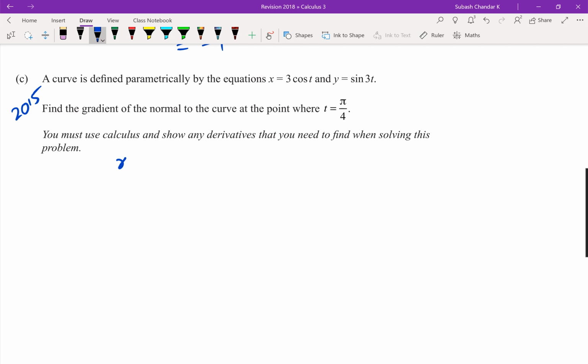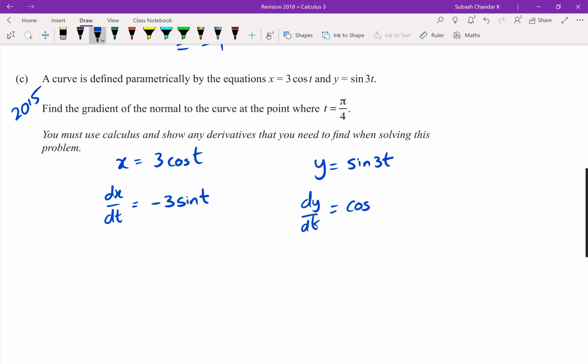Okay, so we've got x is equal to 3 cos t, which means dx dt is equal to -3 sine t. I don't have to worry about multiplying by the bracket in this case, so just leave it as it is. And if y is equal to sine of 3t, then dy dt equals cos 3t multiplied by the differentiation of the bracket, which is 3. So dy dt equals 3 cos 3t.